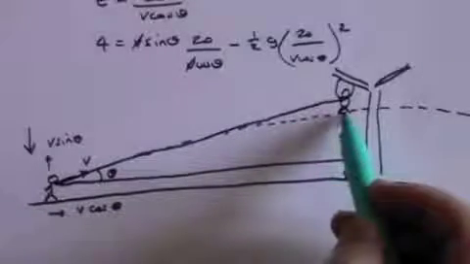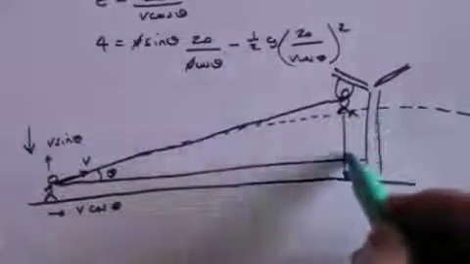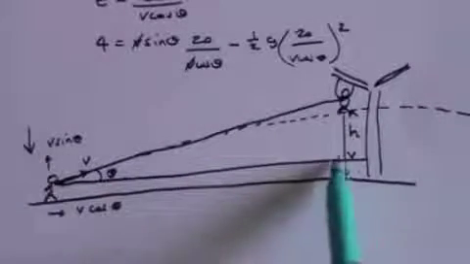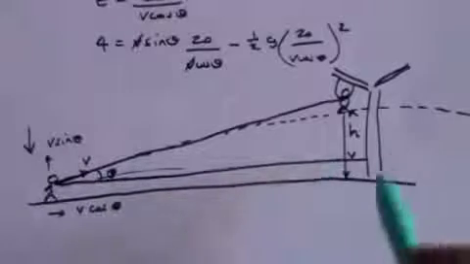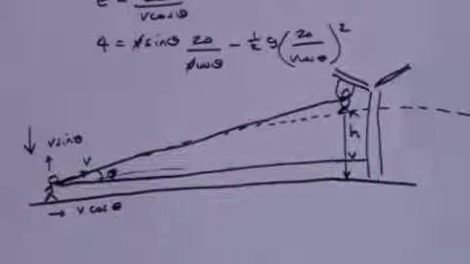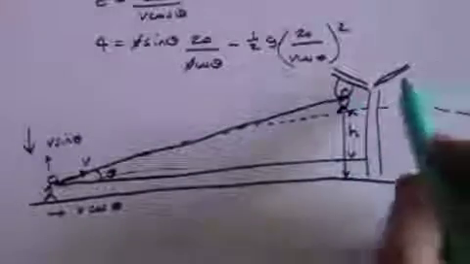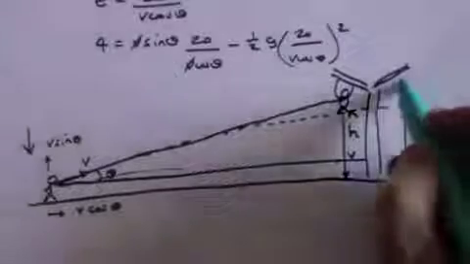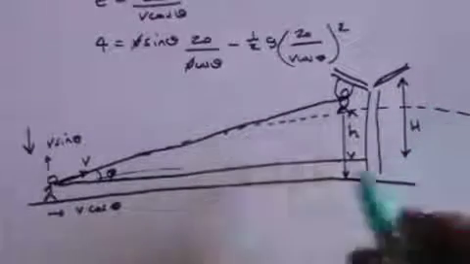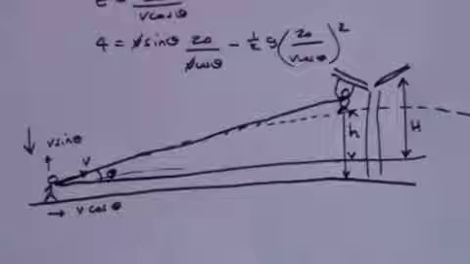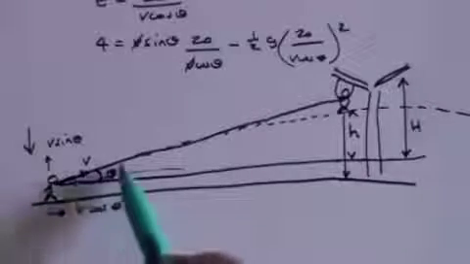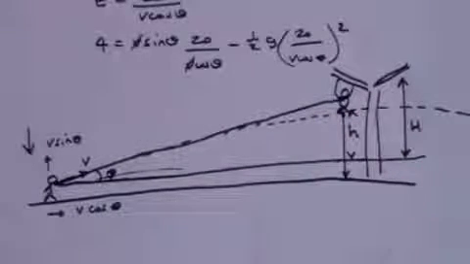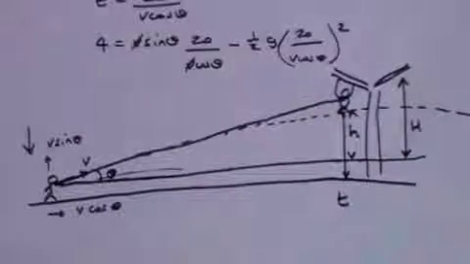When the bullet reaches this line, let us say that the height of the bullet above the line on which the bullet was fired is little h. And we'll also say that the monkey was originally at a height capital H above this line here. The time it takes the bullet to get to this point here is time t.